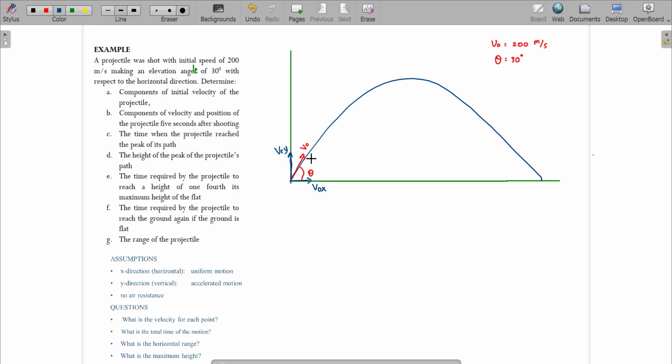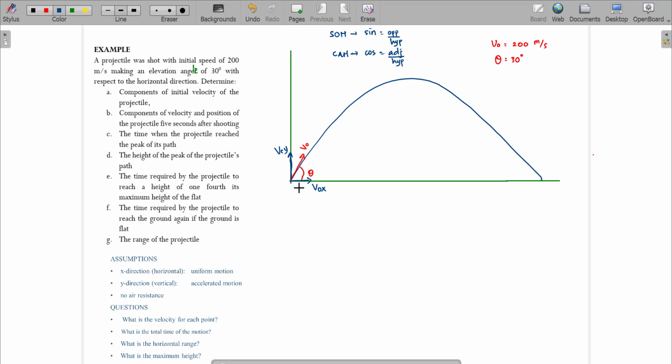And for the x-axis, do you remember the sin cos tan for vectors? SOH CAH TOA. SOH: sin means opposite over hypotenuse, and CAH: cos means adjacent over hypotenuse.